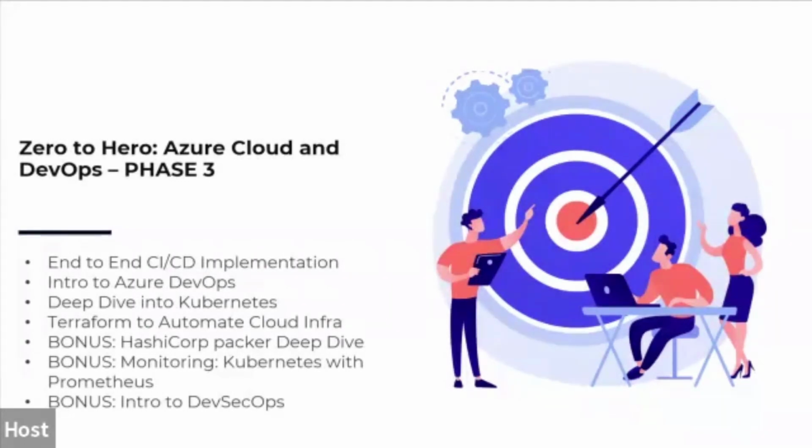And once that is done, we've also introduced 3 bonus sessions, where we are going to introduce you to Packer. And since we did not touch much on monitoring, we thought it would be a good idea to introduce monitoring into the series, where we'll be using Kubernetes and Prometheus. And finally, signing off, we'll also be introducing you to DevSecOps.